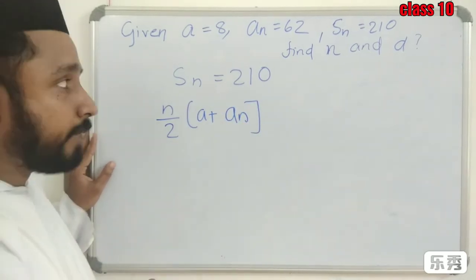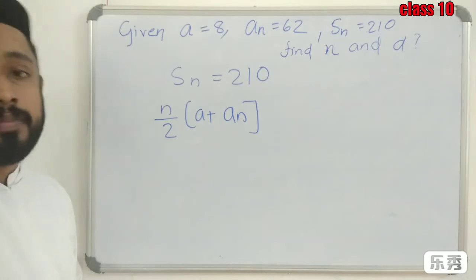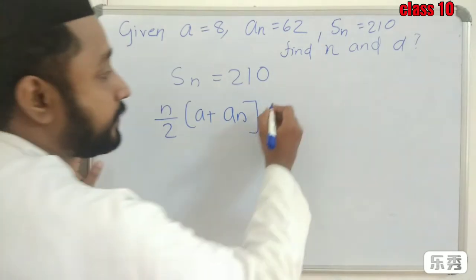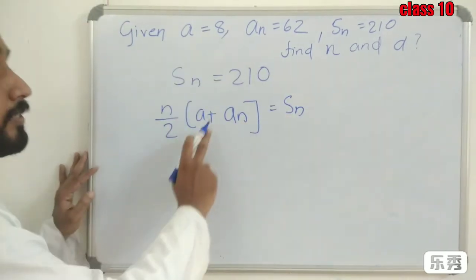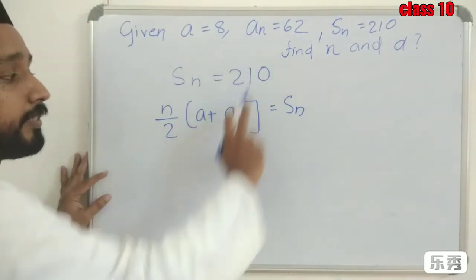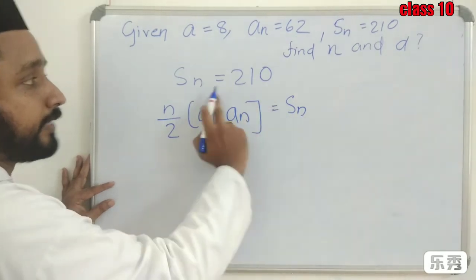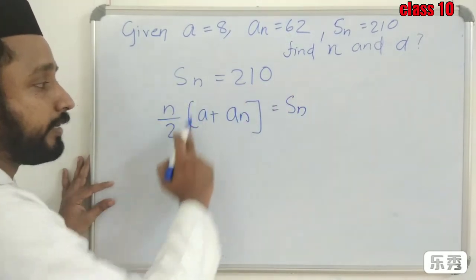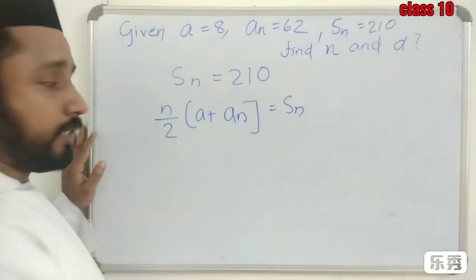Sum of n terms of an AP, S_n, is equal to n by 2 into first term plus last term. So n by 2 into a plus a_n is equal to S_n. Here we have a is equal to 8, a_n is equal to 62, and S_n is equal to 210. From these values, we can easily find the value of n. So substitute these values in this equation.